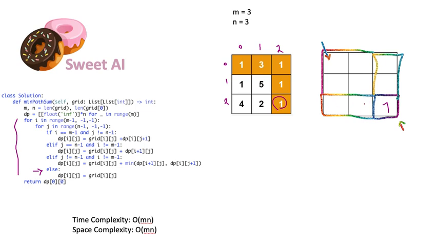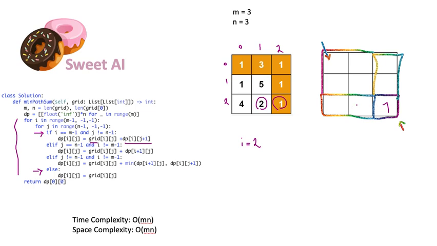Now we are going to fill out this row by using this if condition. This if condition is going to be valid because i is equal to 2 right now and j is equal to 1. So it says as long as i is equal to 2 and j is not equal to 2, we are going to fill these cells by the value that we have in here in the grid, right, which is 2, plus the value that we have in this cell.